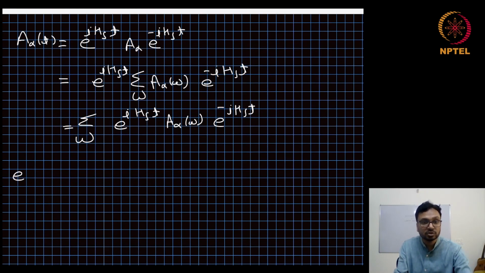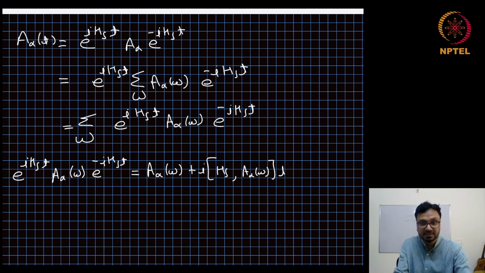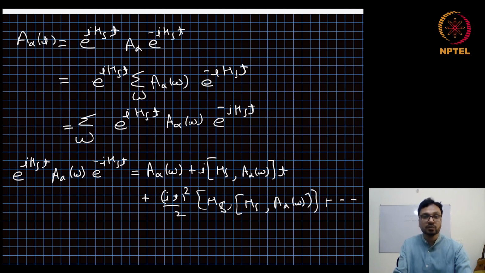This expression, exponential of i HS t, A alpha of omega, exponential of minus i HS t, can be expanded as A alpha of omega plus i t times the commutator of HS with A alpha of omega, plus i t squared over 2 times the commutator of HS with the commutator of HS with A alpha of omega, and so on.